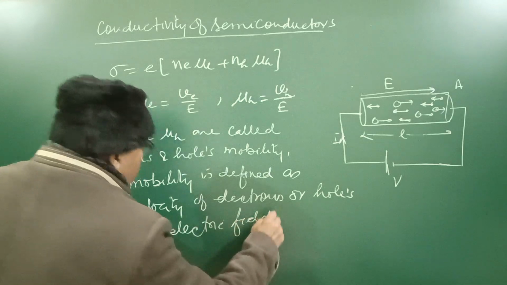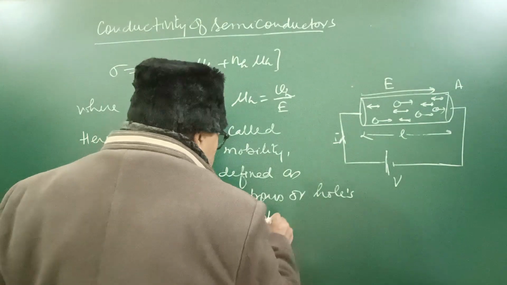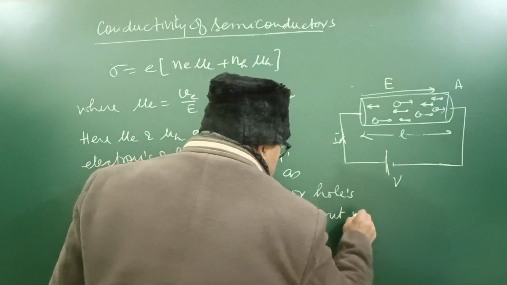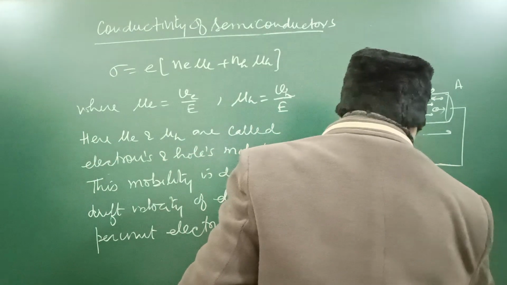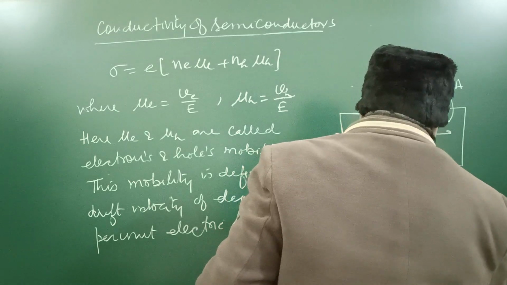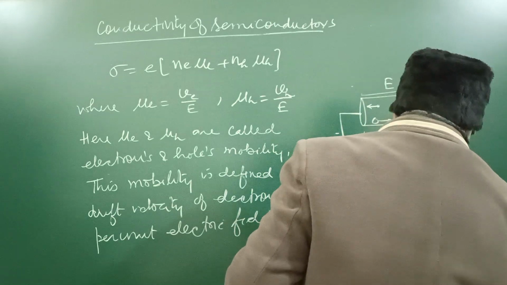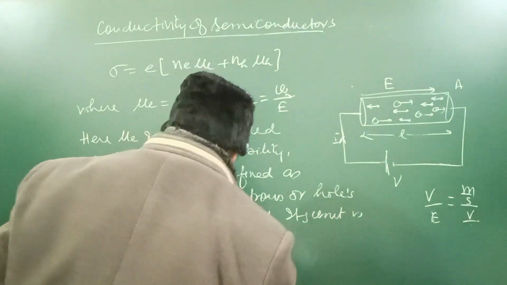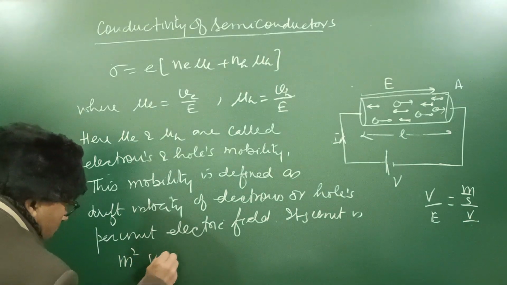So mu E, its unit is meter per second divided by volt per meter, V upon E. So it is meter square per second per volt. Unit is meter square per volt per second.